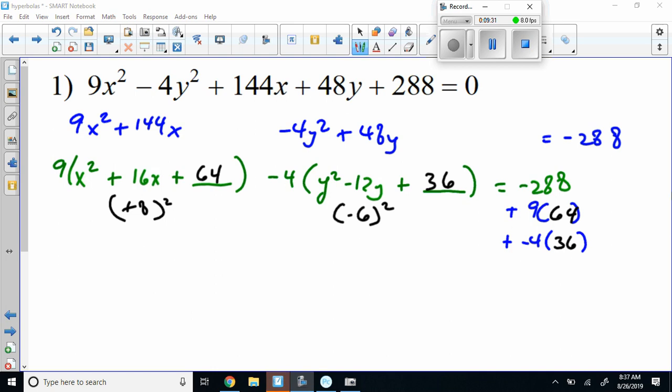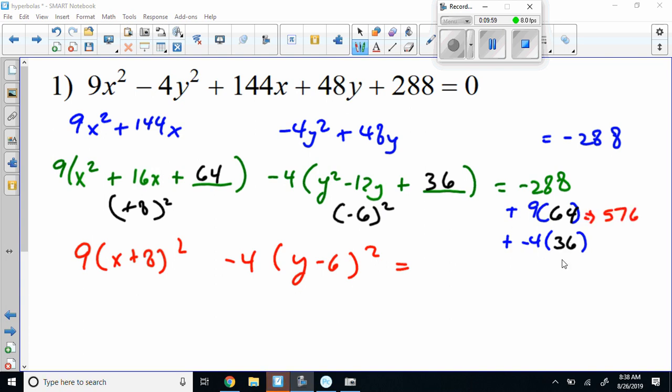We should, at this time, be able to write our perfect square trinomials in factored form, right? So 9 times x plus 8 squared minus 4 times y minus 6 squared equals, well, what's 9 times 64? 576, so that equals 576.